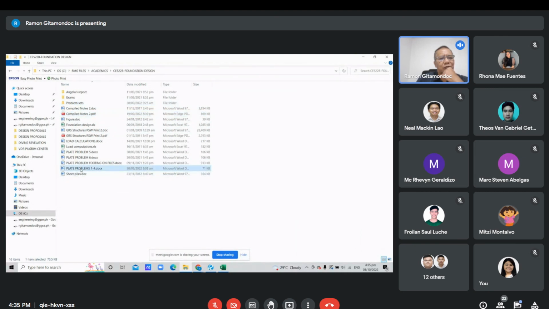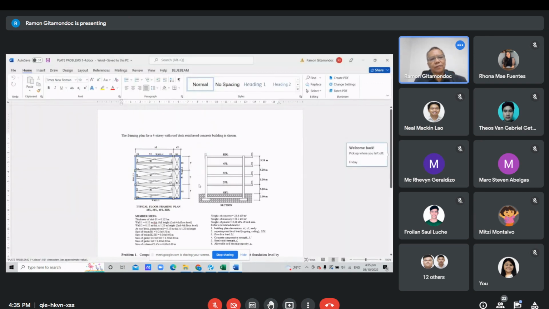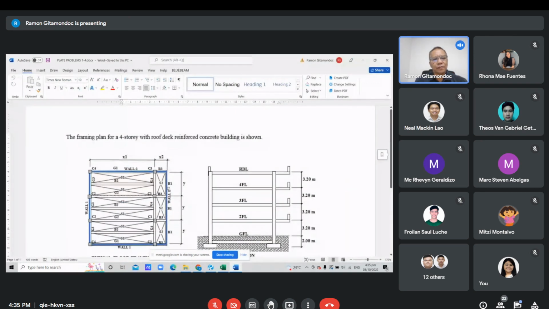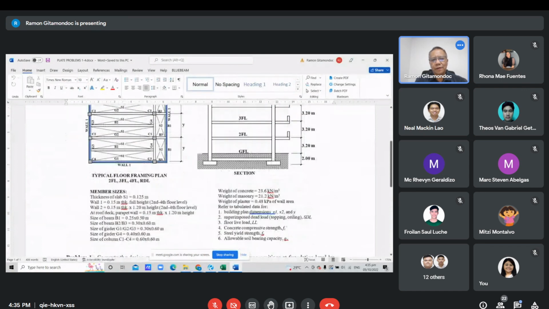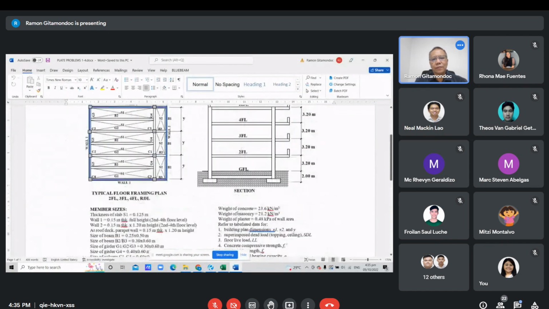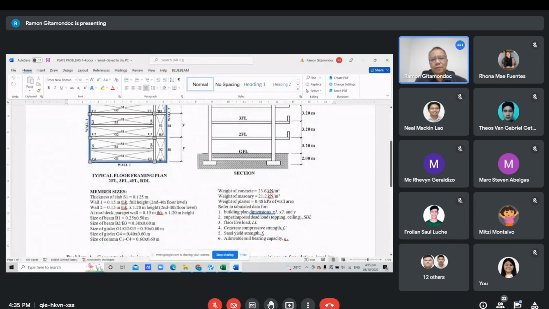Problems 1 to 4. Okay, so we have here concrete plaster. Wall 1, so wall 1 is full height, no? Second to fourth floor level.